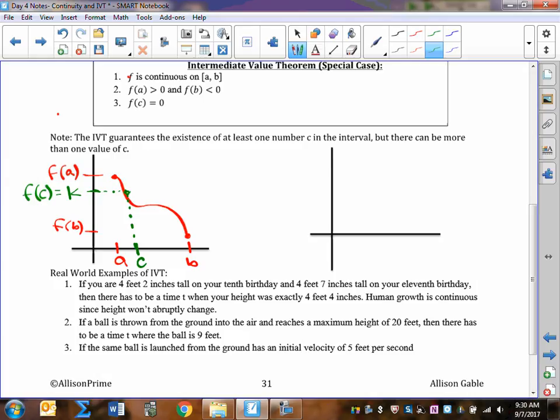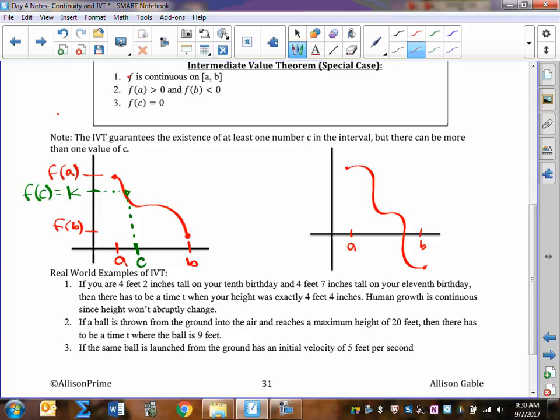So specifically for our special case here, let's change it up. Again, let's just throw a and b down. But it said f of a has to be positive, so let's keep our graph up there. But let's make f of b negative. Okay, so again, just draw some smooth curve there. You can twist it all around you want, as long as it's a function.